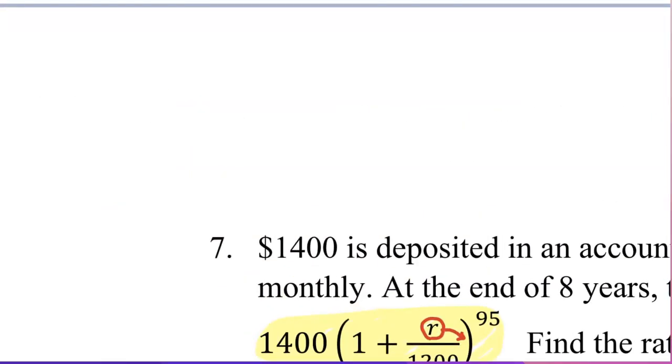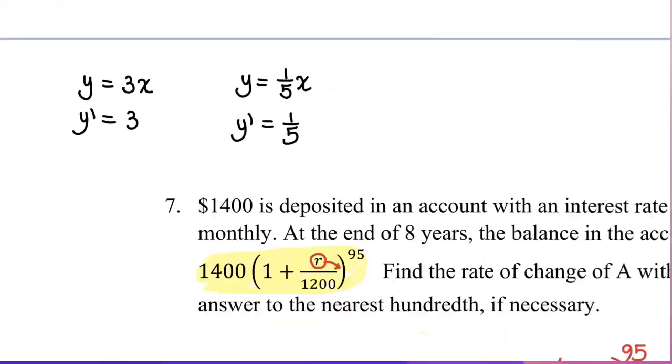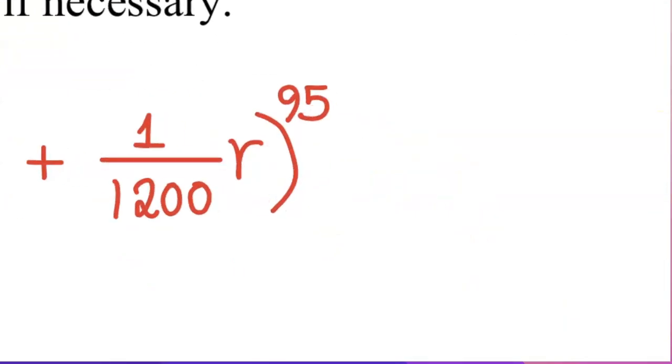If I ask you to find the derivative of, let's say, the function y equals 3x, you know the derivative is just 3. If I ask you what's the derivative of 1 over 5x, you know the derivative is just 1 over 5. So if I write it in this format, and later on I ask you what is the derivative of 1 over 1200r, it's just going to be that fraction in front of it.